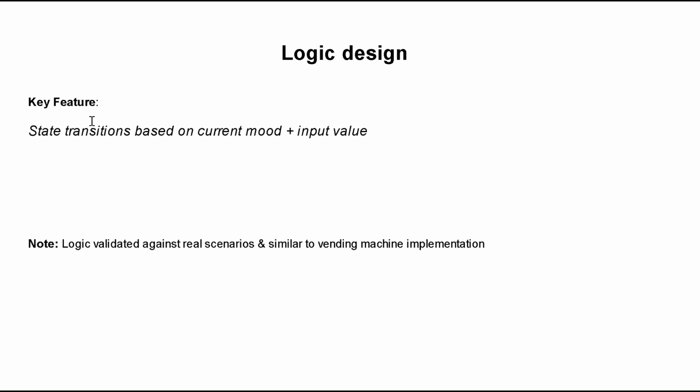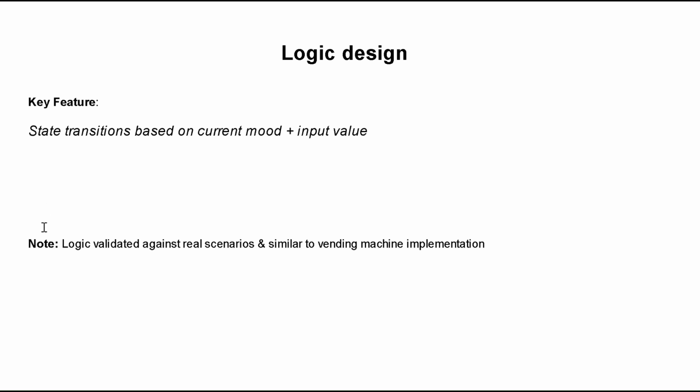So here are some key features: the next state and the output will be designed based on the state transition, based on the current mood and the input value. The calculation uses the current mood plus the input value, by the scale I talked about above, to move to the next state and release the appropriate output based on the calculation.